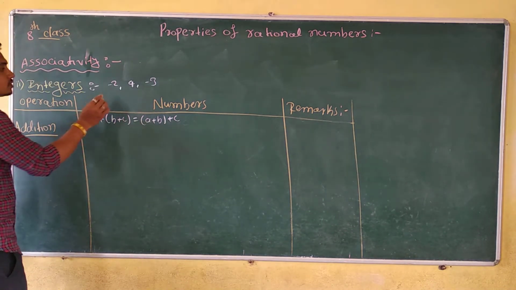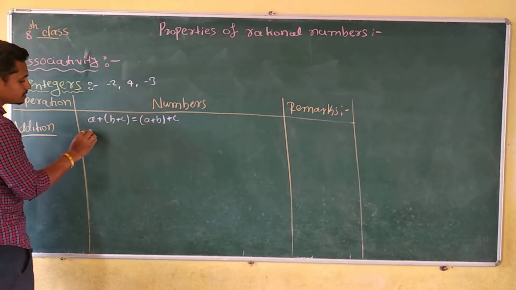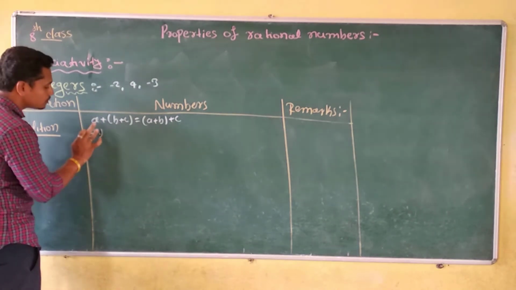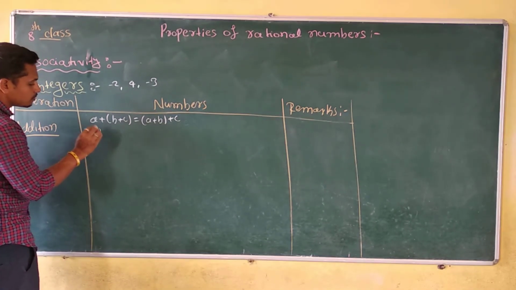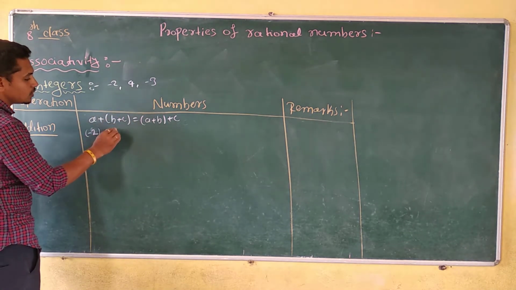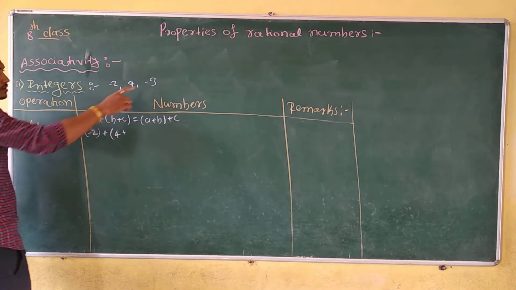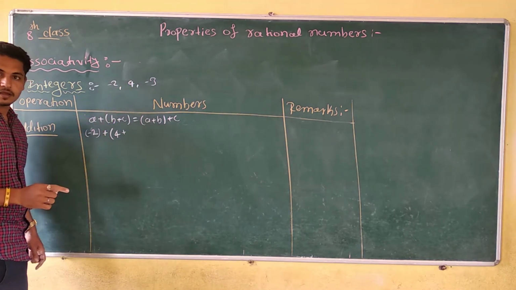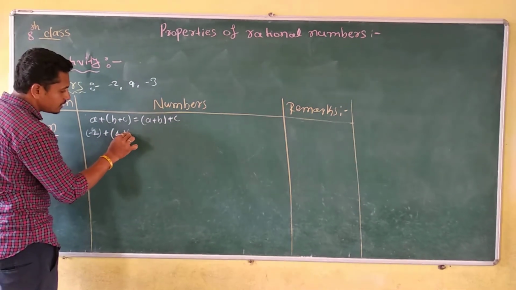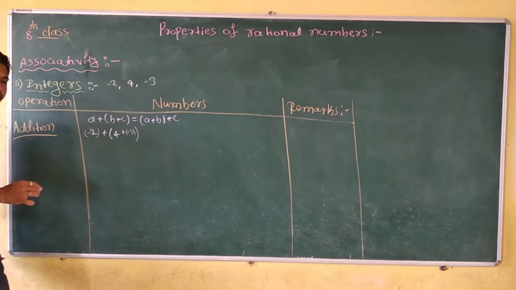Next, put these three integers in this general form. a is equal to -2, b is equal to 4, c is equal to -3. So here we write -3 in the bracket. On the left side, -2 plus (4 plus (-3)), and on the right side, (-2 plus 4) plus (-3).